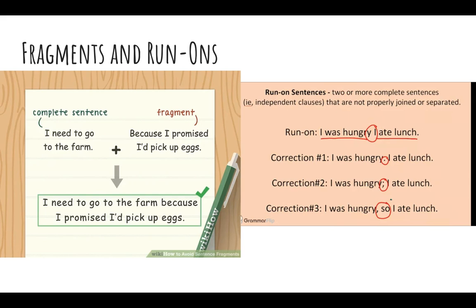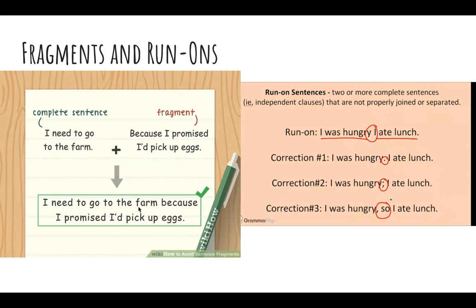Then we have fragments and run-ons. A fragment is like a part of a sentence, so a dependent clause, pretty much. The complete sentence: I need to go to the farm. Fragment: because I promised I'd pick up eggs. Well, we know that a dependent clause cannot be a sentence all on its own. It doesn't make sense by itself. Because I promised I'd pick up eggs, what? You've got to pair it with that complete independent clause.